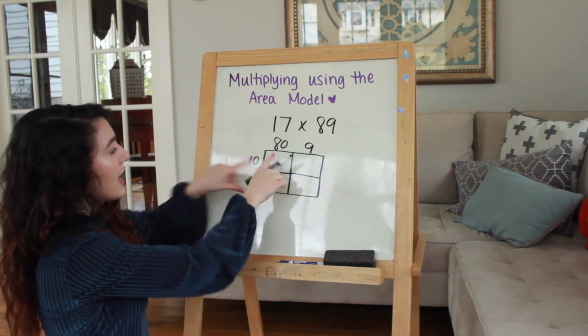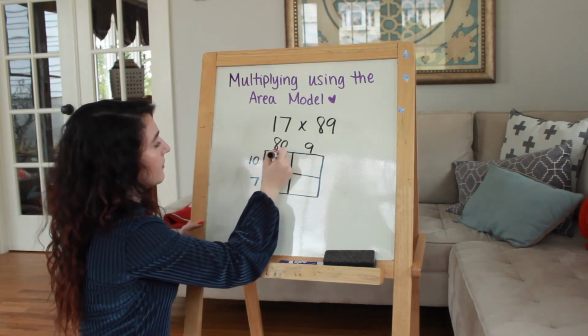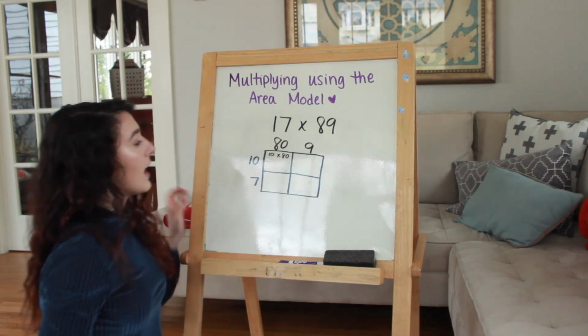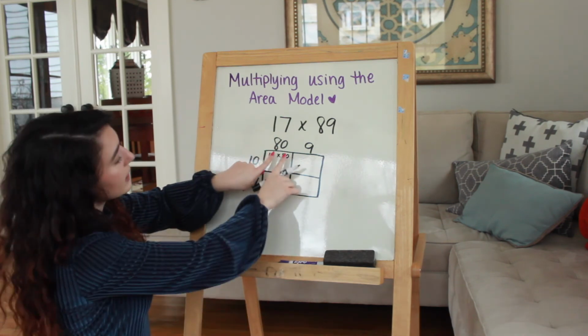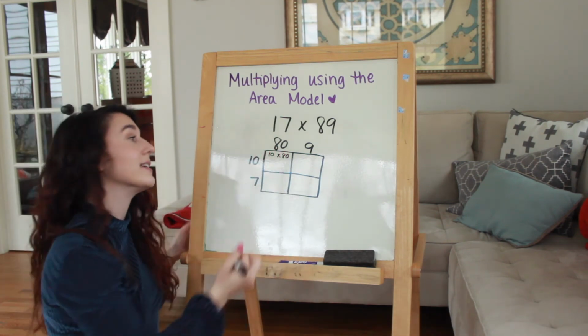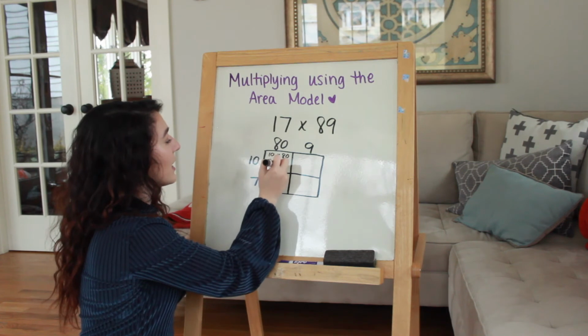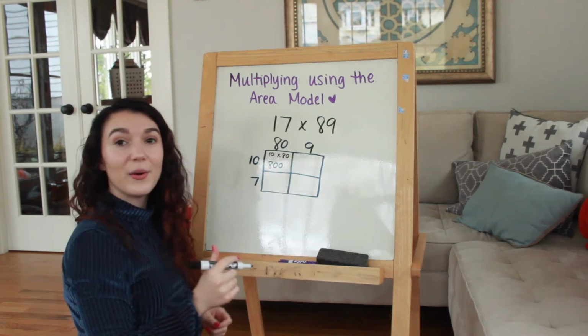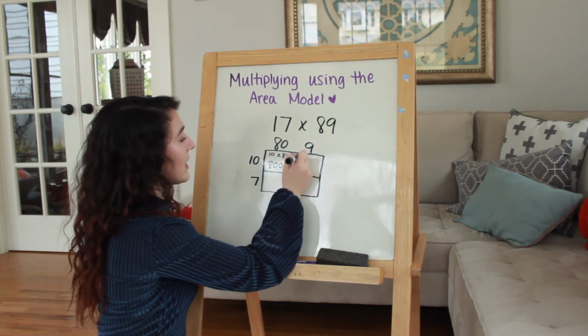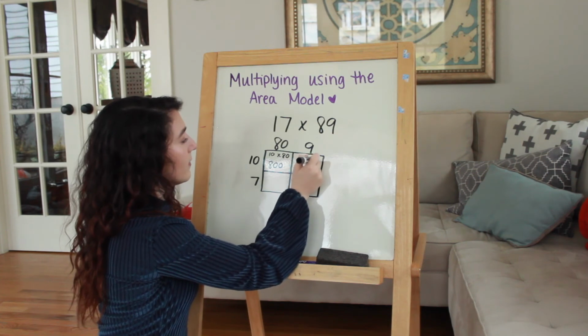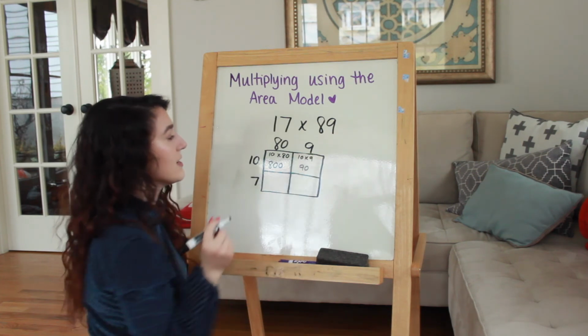10 times 80. I'm going to cover up my zeros here. I know that 1 times 8 is 8. And then I'm going to add my 2 zeros. Okay, so next I need to do 10 times 9. That is 90.